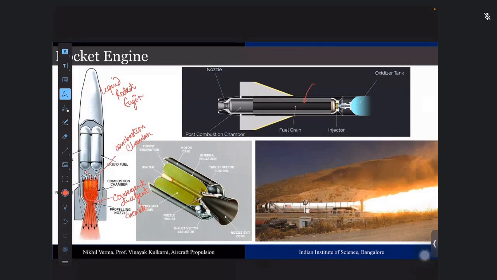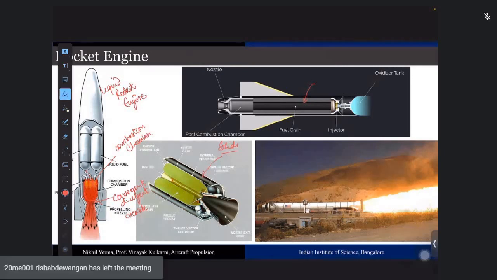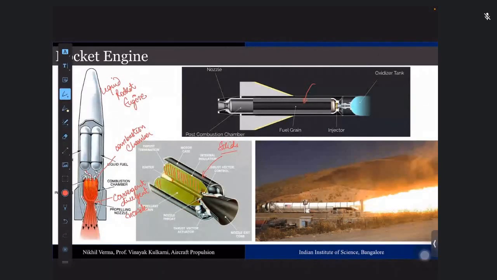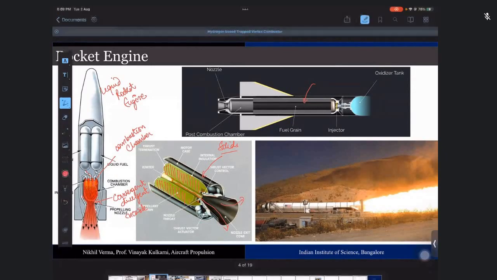The propellant can also be in the form of solids, which is similar to the Diwali rockets, where solid gunpowder or any other propellants are stored in the form of solid. They are cast into a tube where the combustion happens, and they expand through the CD nozzle and generate the thrust.